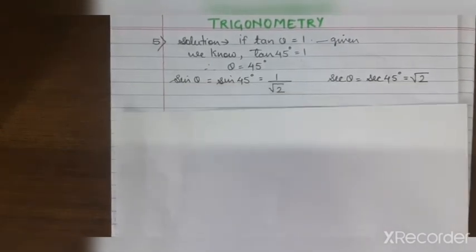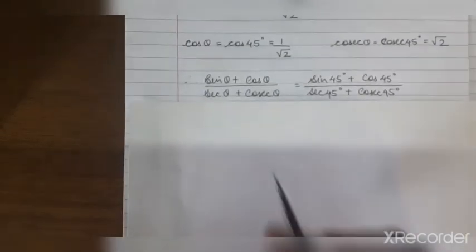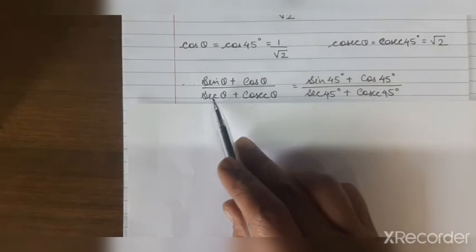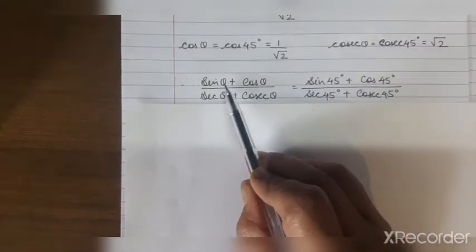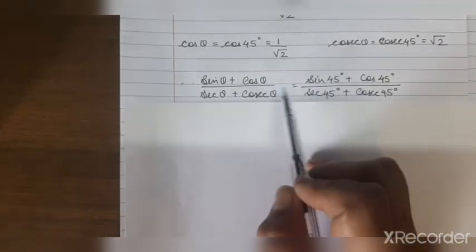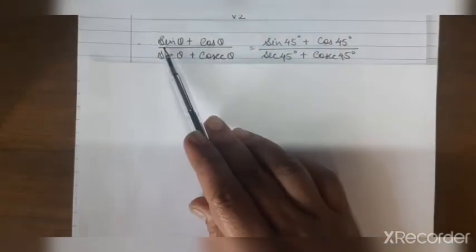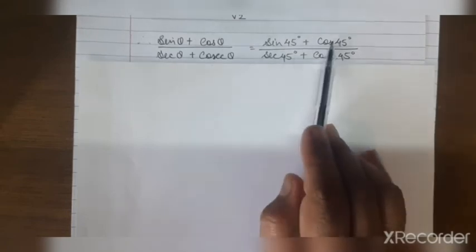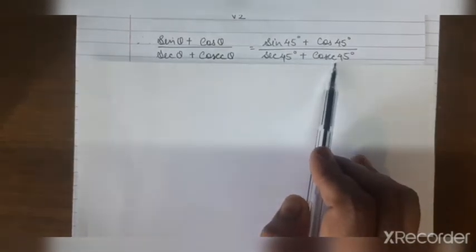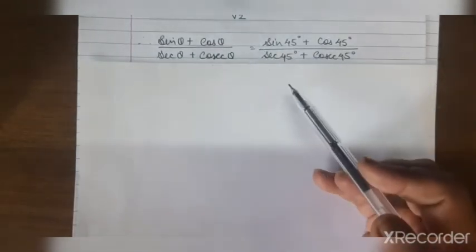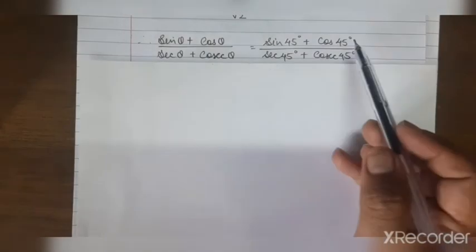So let us consider theta as 45 degrees and we will solve what is asked. Given is the ratio sine theta plus cos theta upon sec theta plus cosec theta. We will put 45 in place of wherever there is theta. So it will be sine 45 degrees plus cos 45 degrees upon sec 45 degrees plus cosec 45 degrees. We know the values from the chart, but we will not substitute them directly.